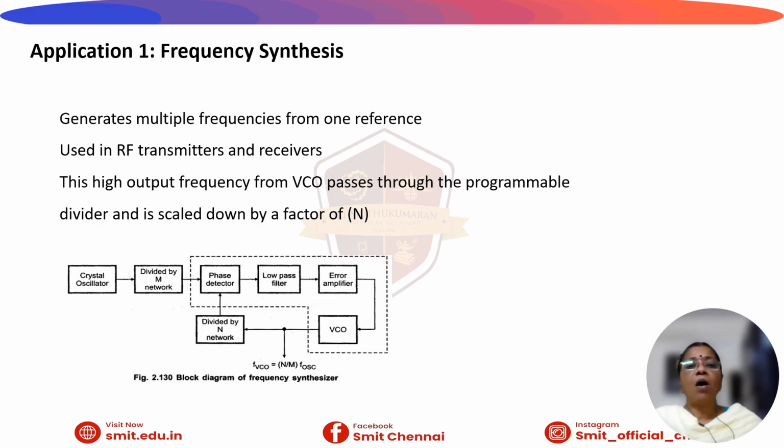The output of the VCO is taken as the frequency generation, which is given as n by m into f oscillator. Hence, a varied number of multiple frequencies are generated. Thus, it is applied as frequency synthesizer. A slight modification in the PLL block will lead to the application of frequency synthesis.